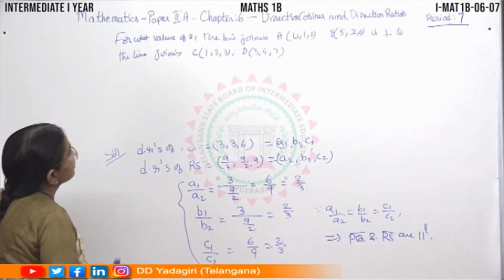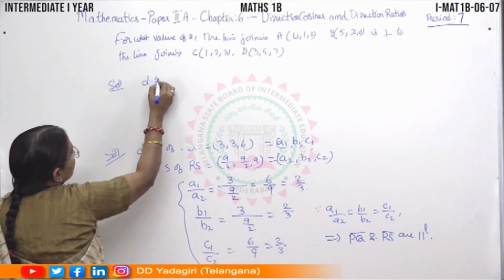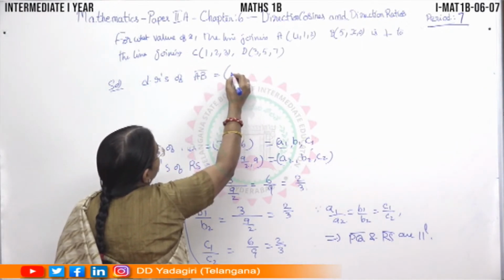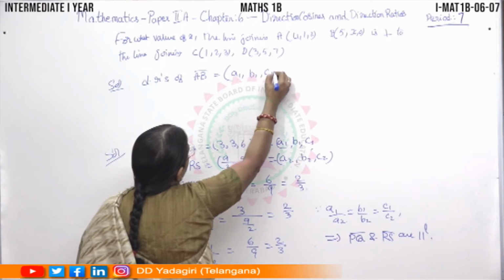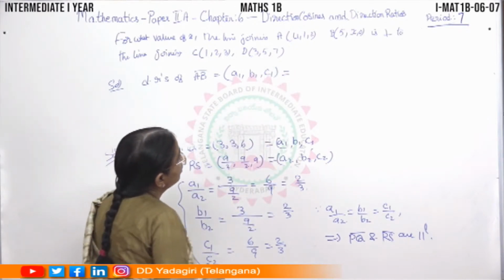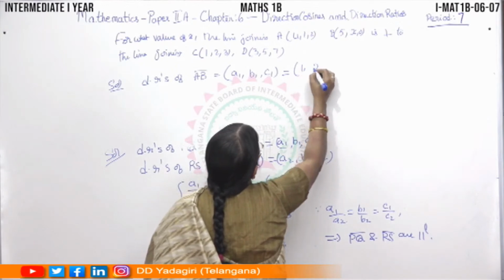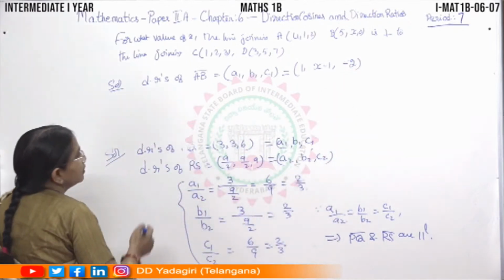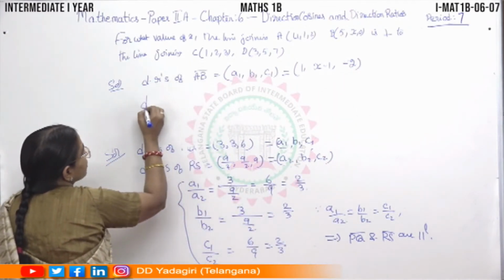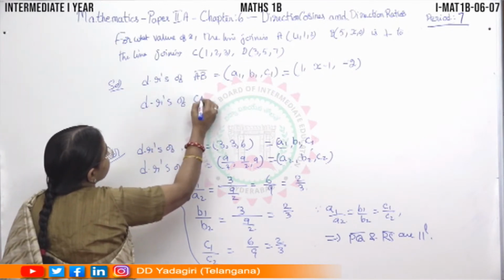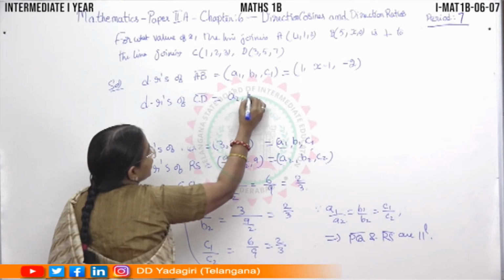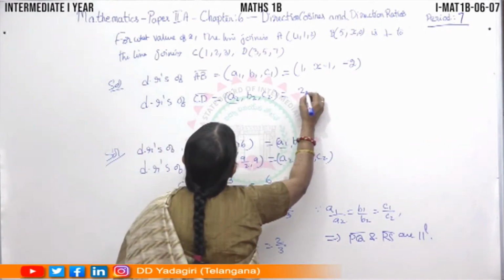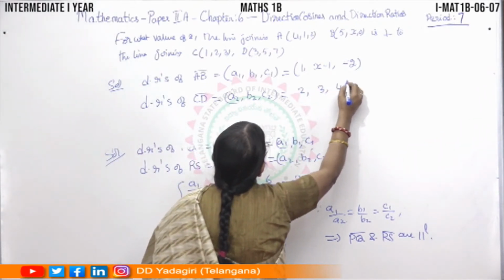So you find the DRs of AB. You name them as A1, B1, C1. Always you name them as A1, B1, C1. So 5 minus 4 is 1, and then x minus 1, 0 minus 2, that is minus 2. So you can write the formula x2 minus x1, y2 minus y1, z2 minus z1, like that. So the DRs of CD, you name them as A2, B2, C2. So it is 3 minus 1, that is 2, 3, 4.